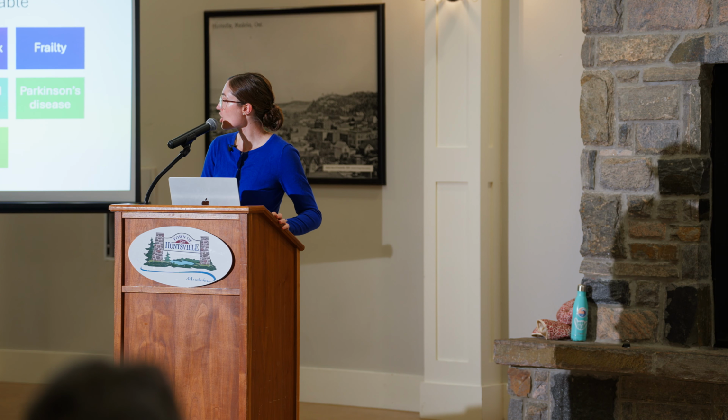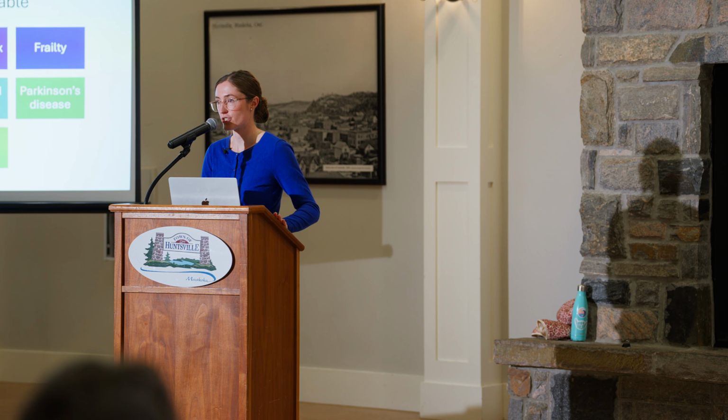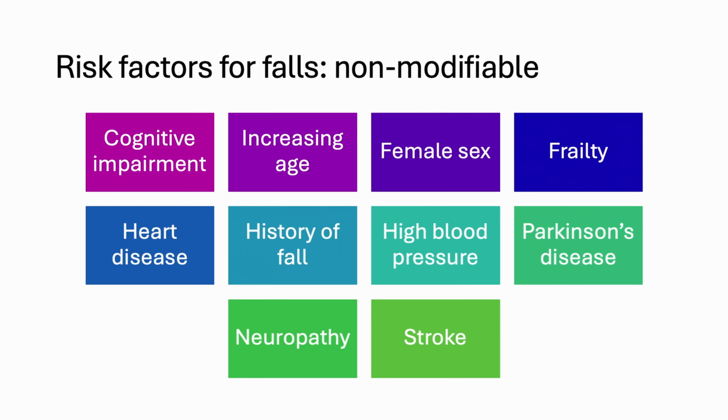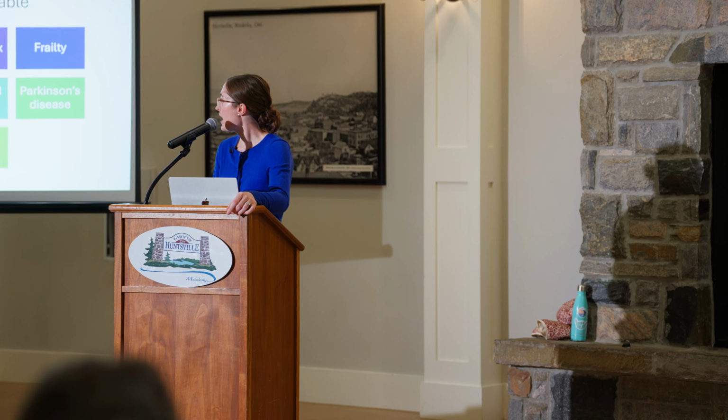Next, we're going to talk about risk factors for falls. These are specifically, unfortunately, the non-modifiable risk factors, which means that they can't necessarily be changed, but you may notice a few topics on the slide that we have a little bit of control over. The first risk factor that we may not be able to change is cognitive impairment, otherwise sometimes called dementia.